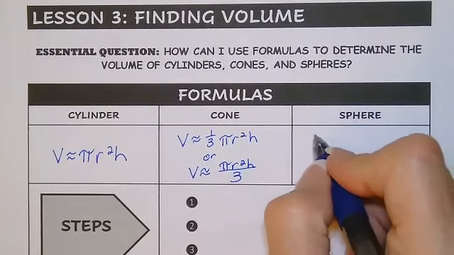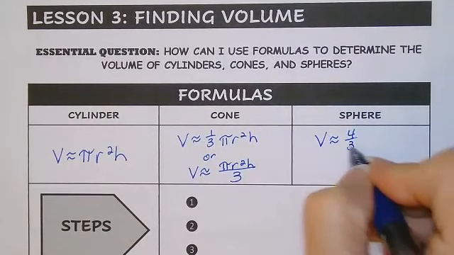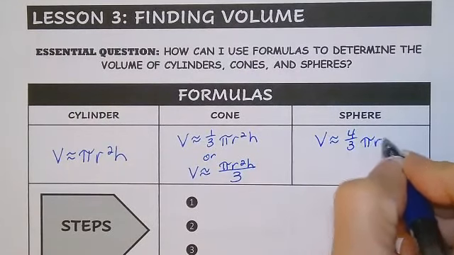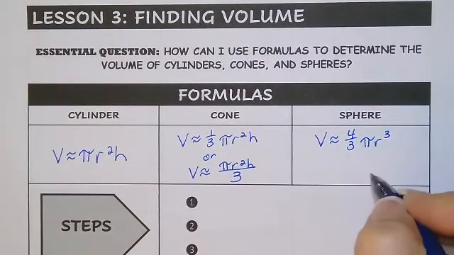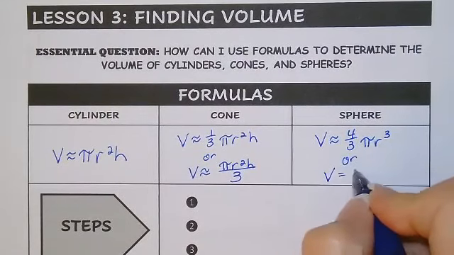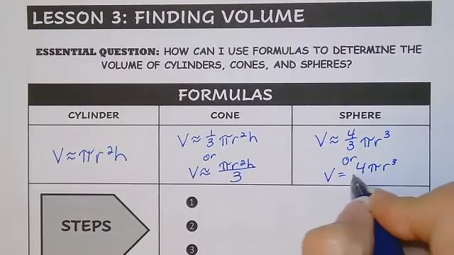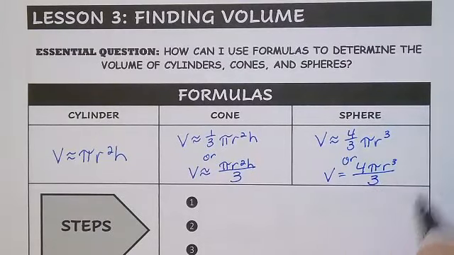Sphere. The volume of a sphere is 4/3 pi r cubed. Again, we can rewrite that a different way: 4 pi r cubed divided by 3.